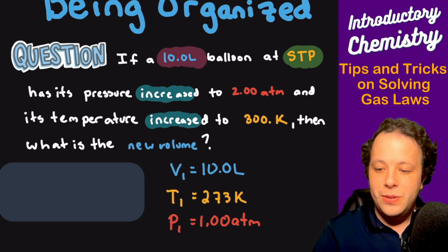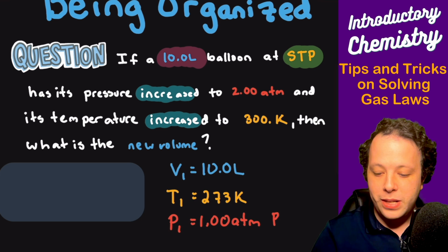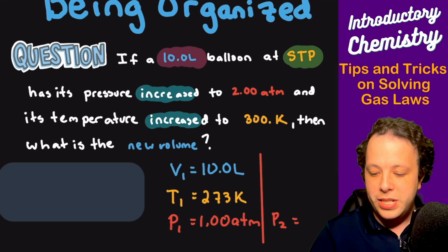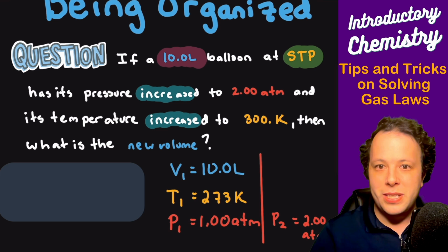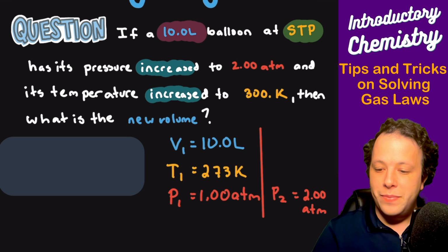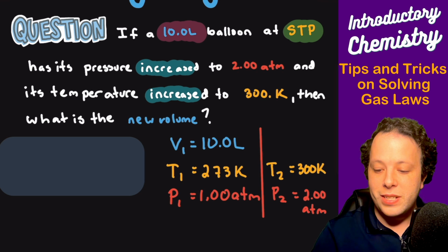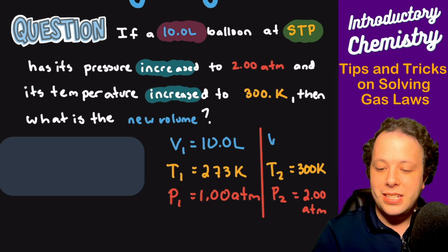What it tells you is that the pressure was increased. So in this problem, we're going to have P2, which is going to 2 atmospheres as a result. So that's going to be changing. Now, it also mentions that the temperature increased to 300 Kelvin. So that also increased. And then it asks you, what is your new volume?